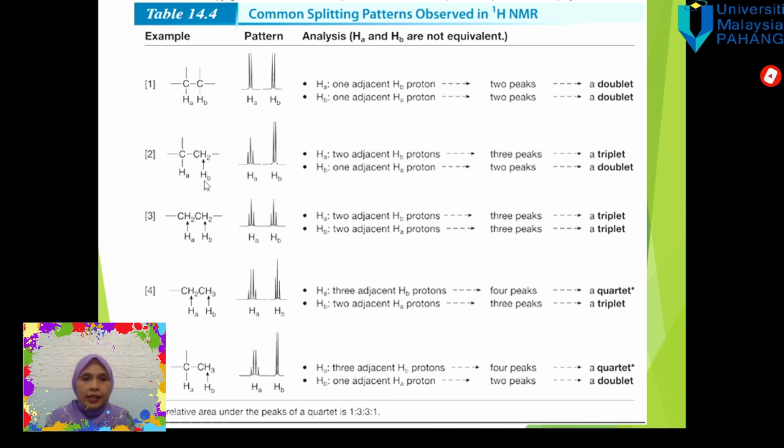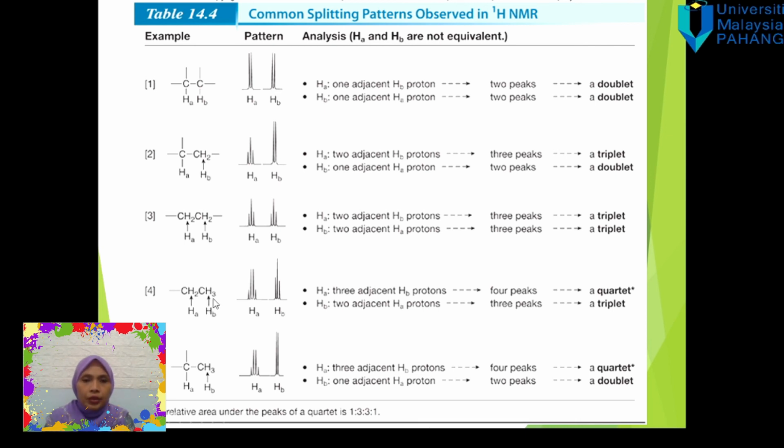So for this signal HB, the neighboring proton is 1, so 1 plus 1 is a doublet. For this one is a triplet, for this one also a triplet. Use the rule n+1. This one is 2 plus 1, 2 plus 1, so it becomes a triplet. And for this signal, how can I know it is a quartet? Because 3 plus 1 becomes a quartet for HA, and for HB the splitting pattern is a triplet.